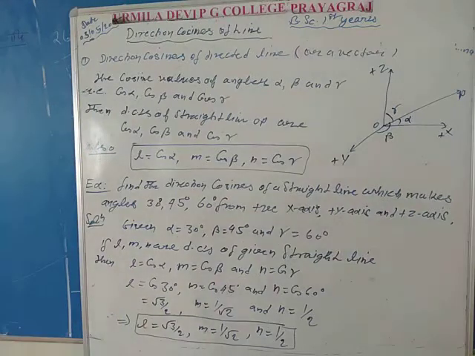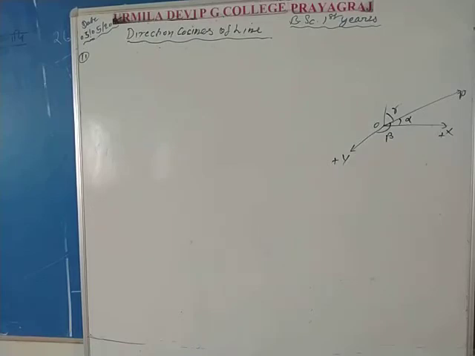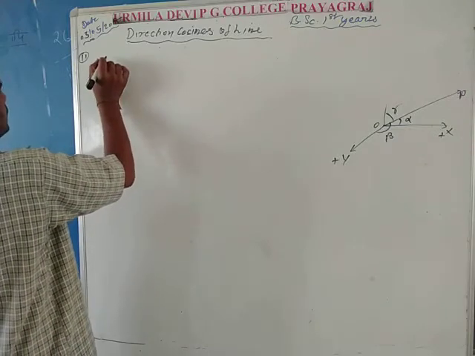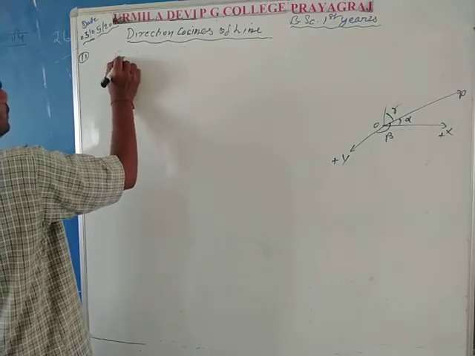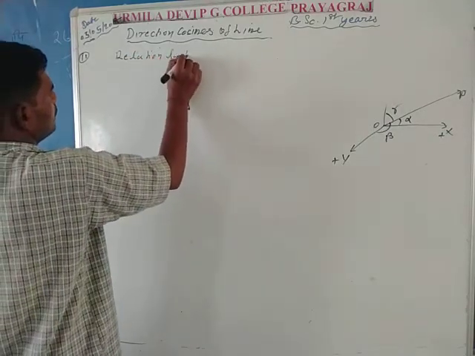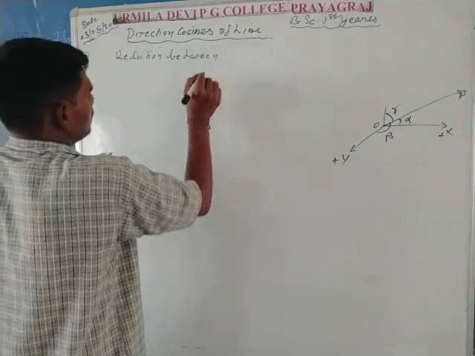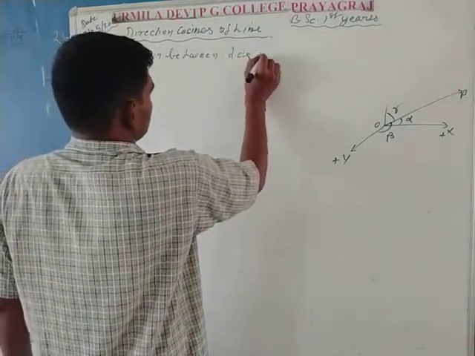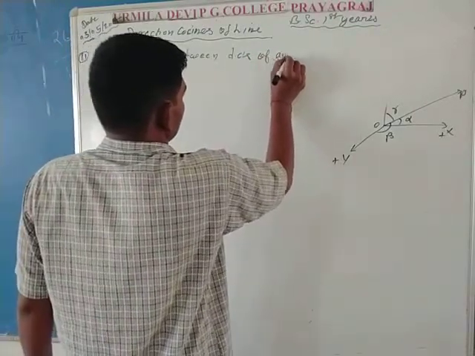So in the second article, we find a relation between the direction cosines of any straight line.